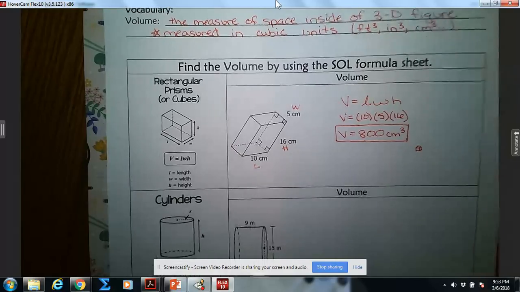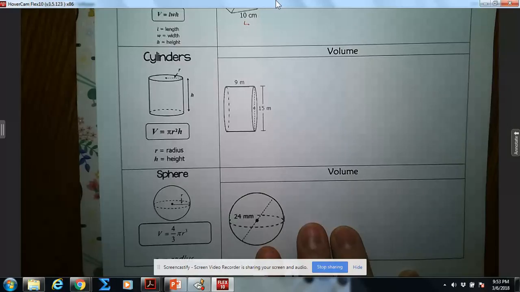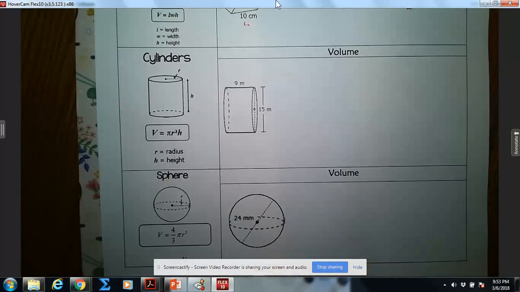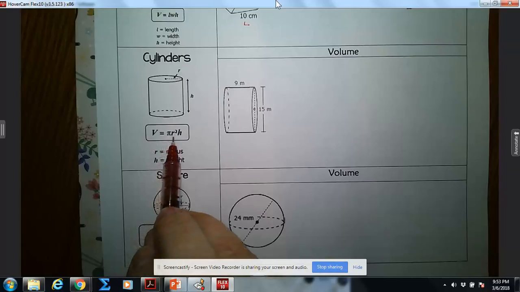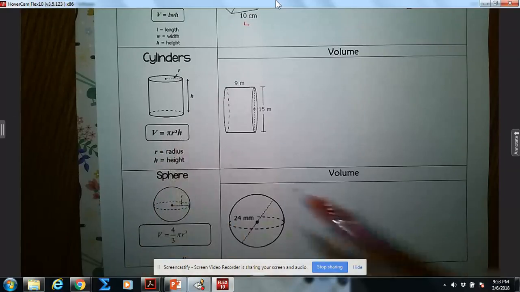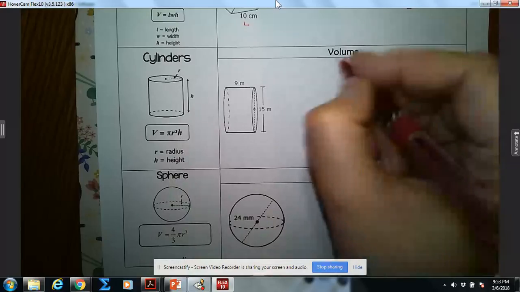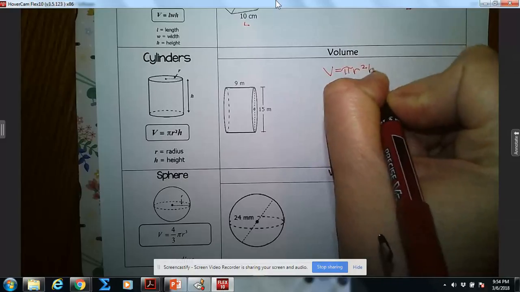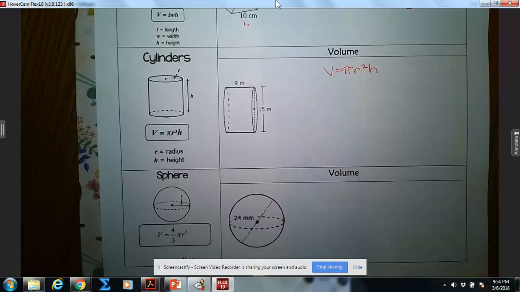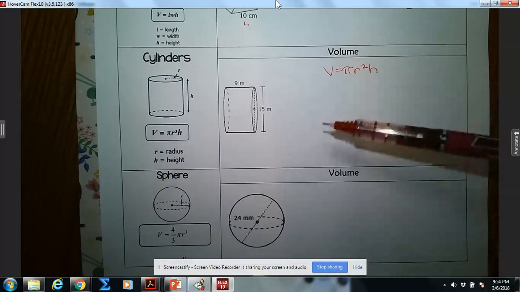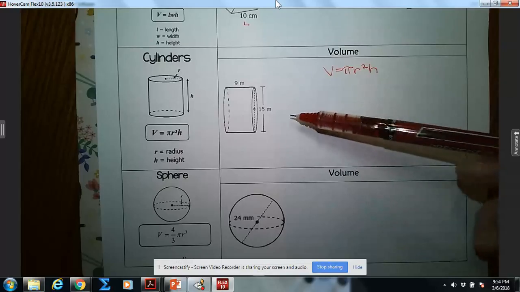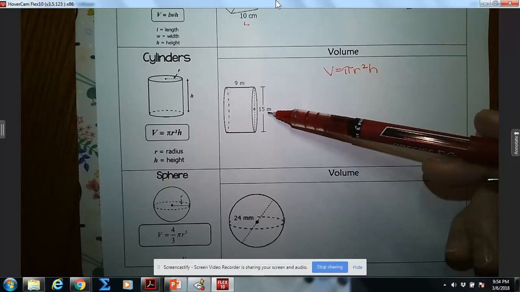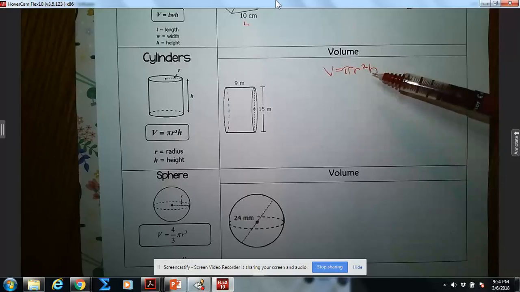All right, next, let's look down here at the cylinder. Cylinders, okay. Volume formula: V for volume equals pi times r, which is radius squared, times h, which is height. Volume equals pi times radius squared times height. Looking at this picture, it'd be really tempting to throw 15 in for the height.